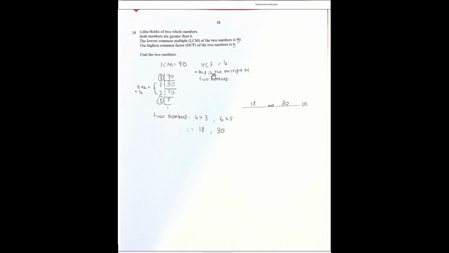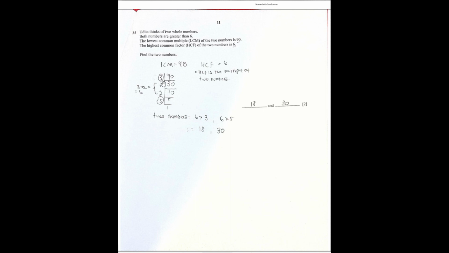And since our HCF is a common factor of those two numbers and our HCF is 6, we can say that our 3 times 2, which gives us 6, is actually our HCF.